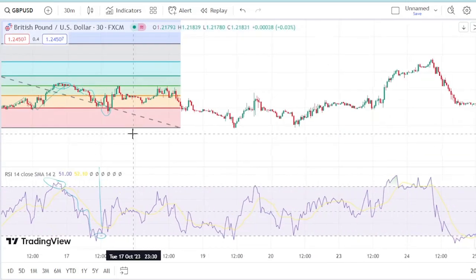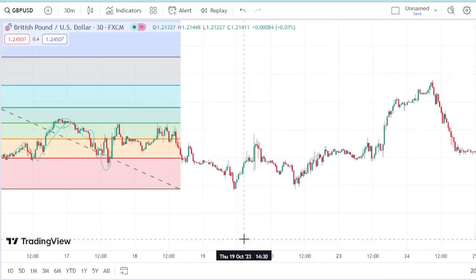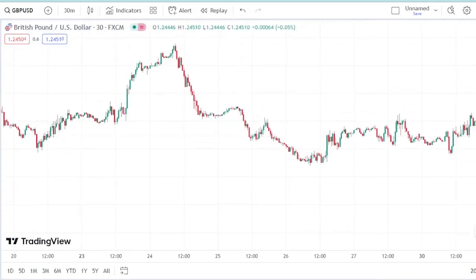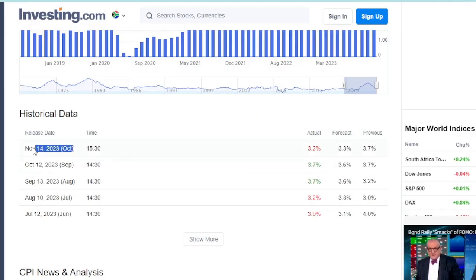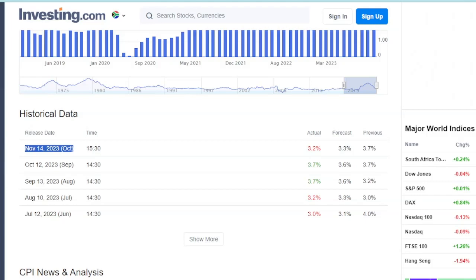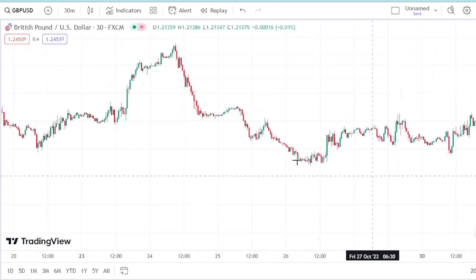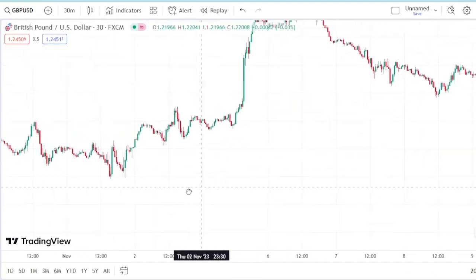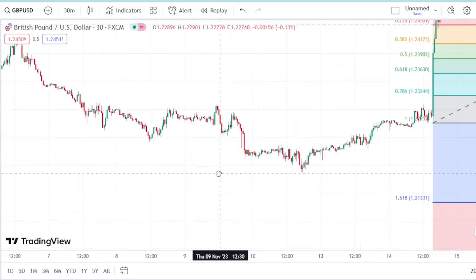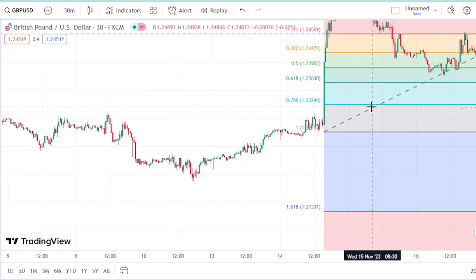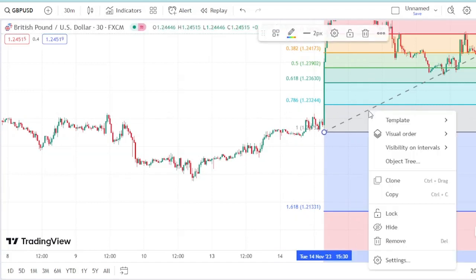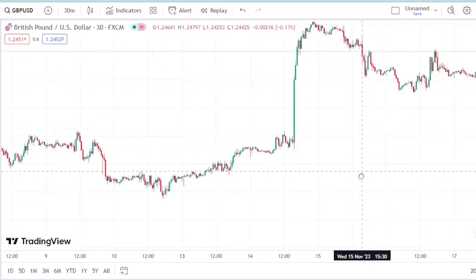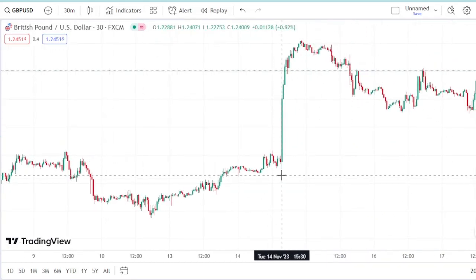So, let me just delete this RSI. We will go to what? To the 14th of November. That was the last CPI that was released. Since I'm in South Africa, it was released at 3:30, I believe. Let me just remove this. At 3:30 on the 14th of November, you can see this bullish candle.